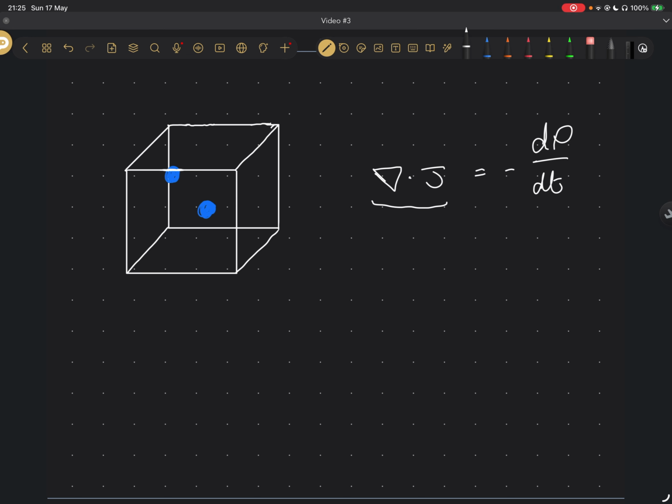You can imagine the balloon has been emptied. You can imagine that the outward flow, the divergence, you get the idea.